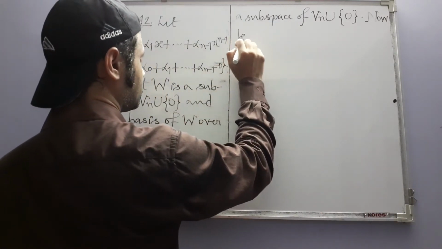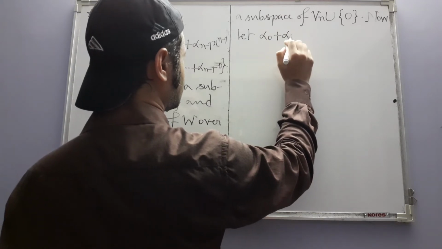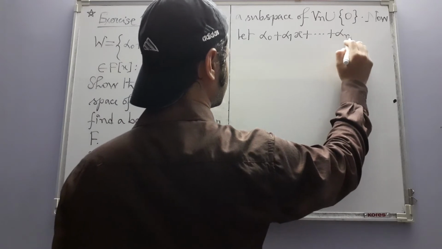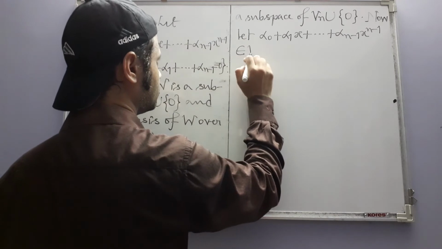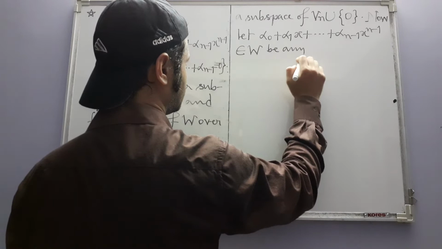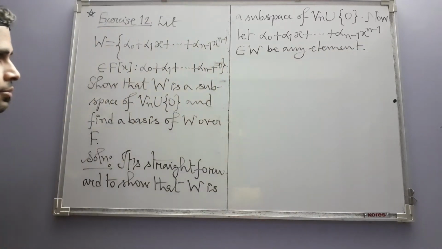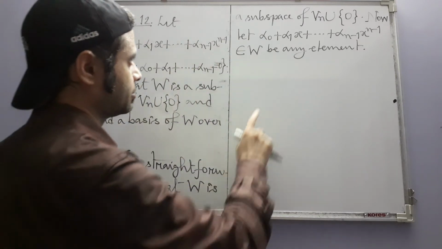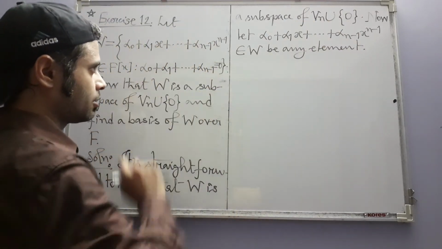Now let this polynomial belonging to W be any element. Okay. Now this is how a general element in Un looks like, but there is this additional condition.